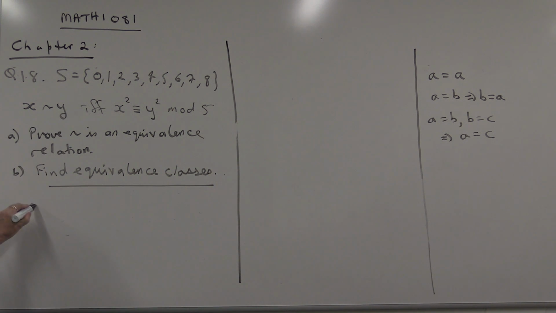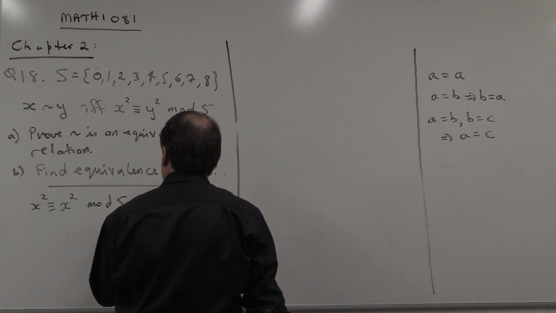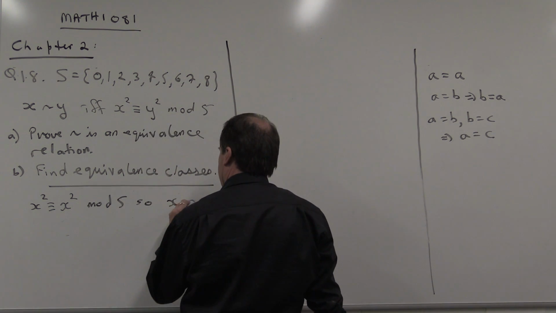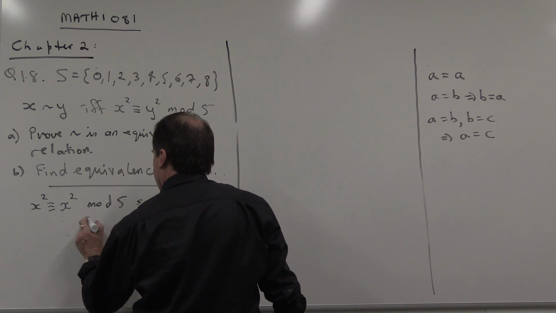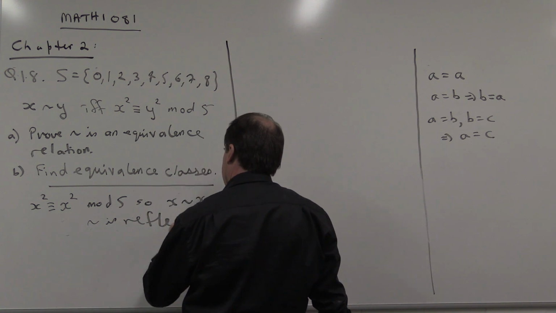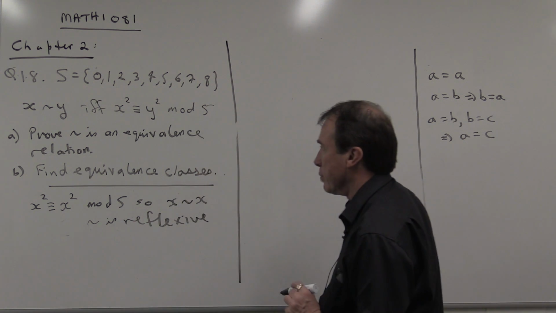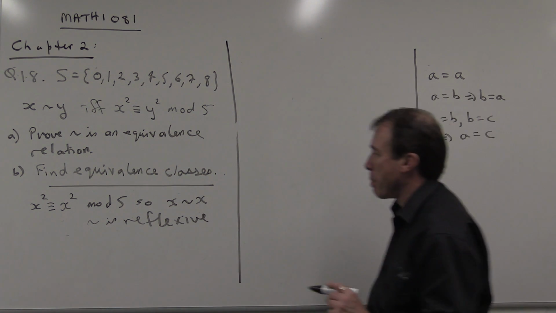Clearly, any number when you square it gives you the same answer mod 5 as when you square the same number. And so that tells me that x twiddles x, and so we say this relation is reflexive. So that's the first one, trying to copy this idea here.